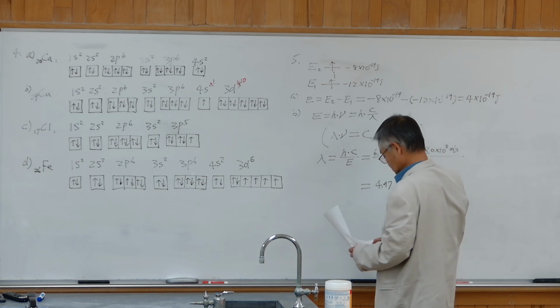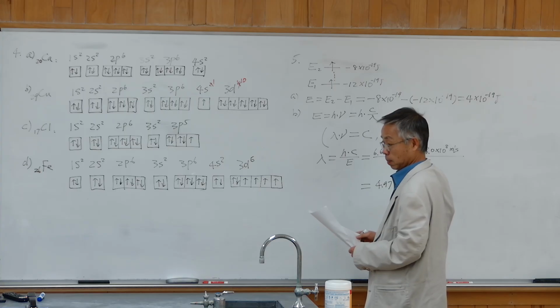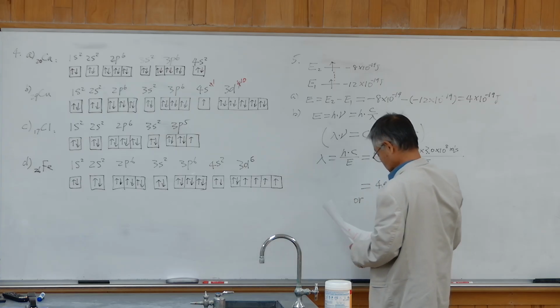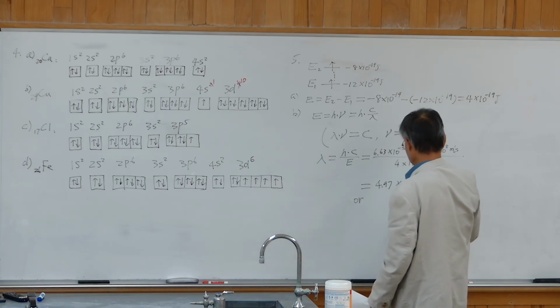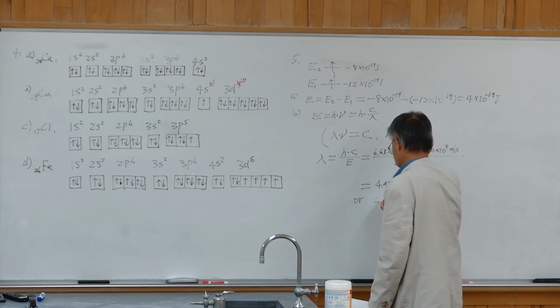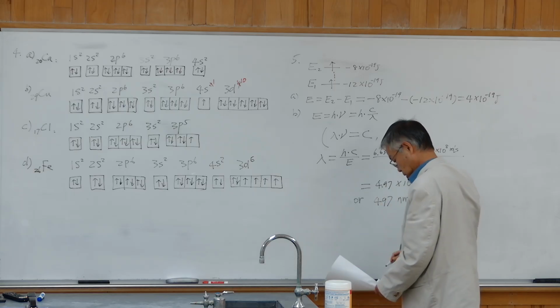You can keep this as your final answer because here I didn't specify the answer in meters or nanometers, so you can keep it. But if you want, you can convert it to nanometers by multiplying by 10 to the 9. 10 to the 9 minus 7 is 10 to the 2. Move the decimal place, and it becomes 497 nanometers.